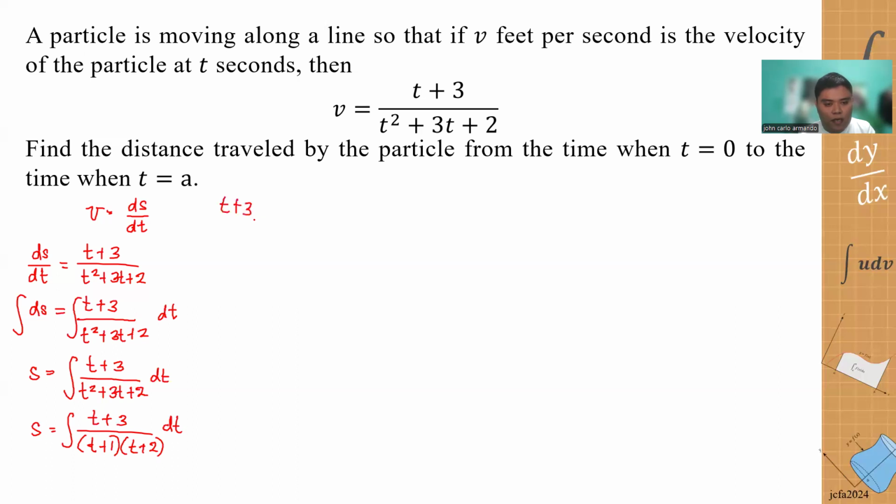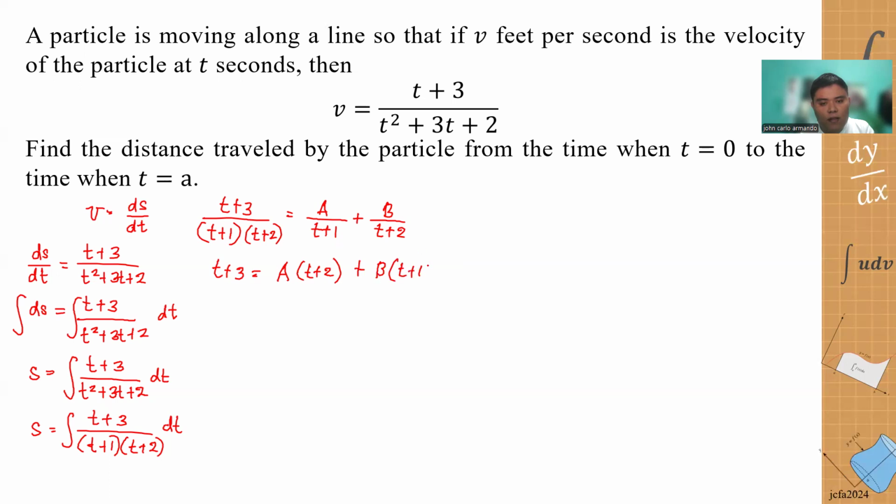That's t plus 3 over t plus 1 times t plus 2 is equal to A. So distinct linear factor, that's simply A over t plus 1 plus B over t plus 2. So multiply both sides by t plus 1 times t plus 2. So that's t plus 3 is equal to A times t plus 2 plus B times t plus 1.